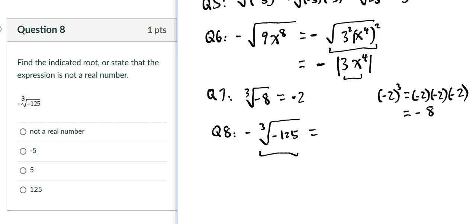This value you get is negative 5, because again negative 5 cubed is negative 125. But there was a negative in front of it. So you have to put negative here. You then get positive 5. So the answer is 5.